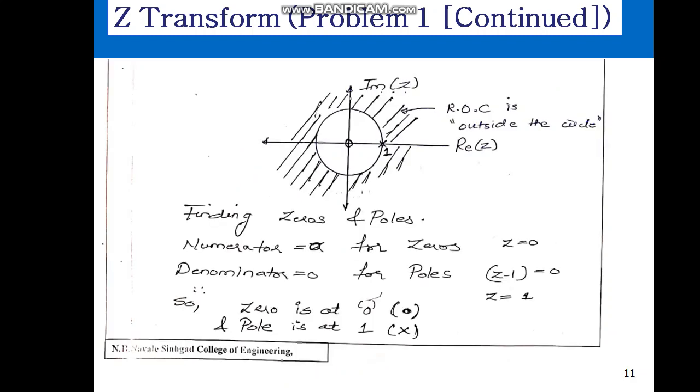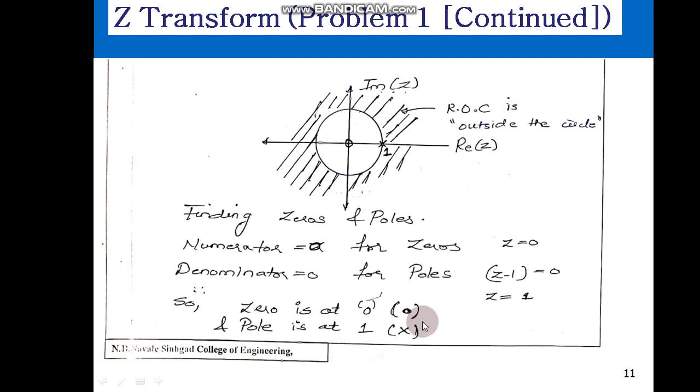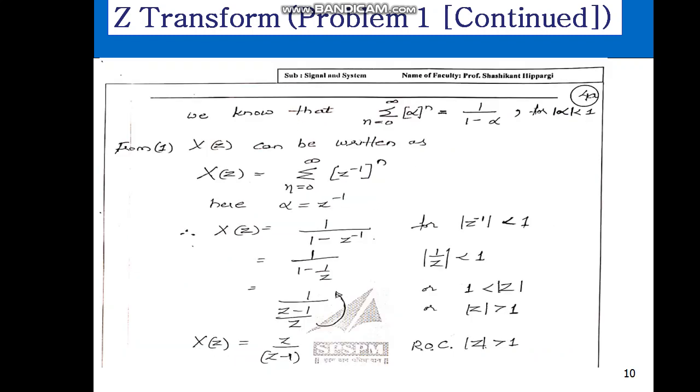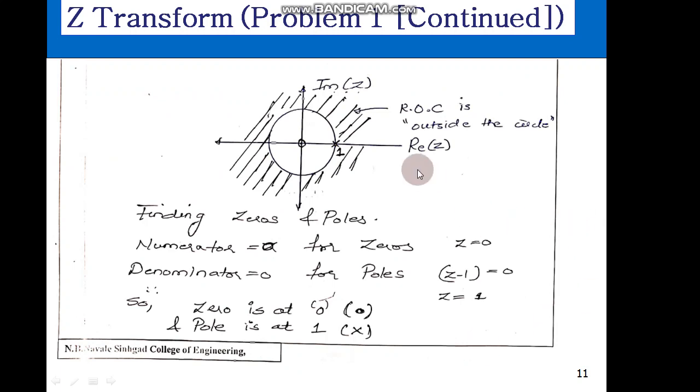So we'll now plot whatever we have got here into a graphical representation. There it was z divided by z minus 1, and the ROC was z greater than 1. What I have done is taken a value of z equal to 1 on the real axis.